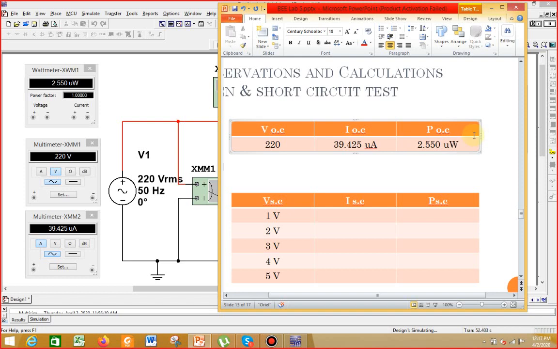So this power here, 2.550 microwatts, is the core loss. Okay, I will just write it here. It is the core loss of your transformer.